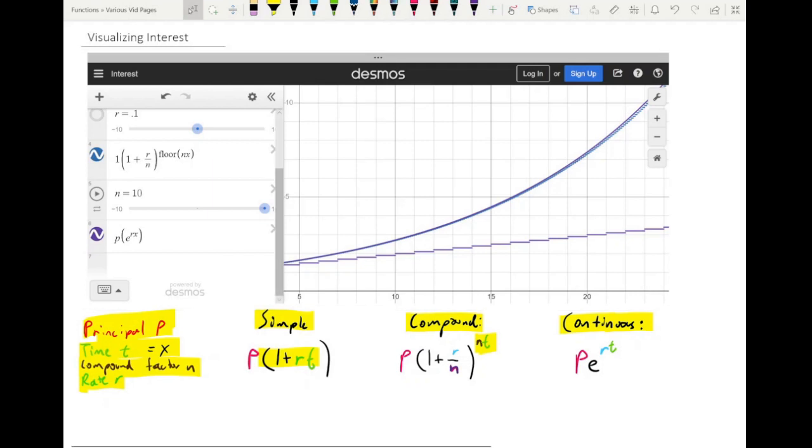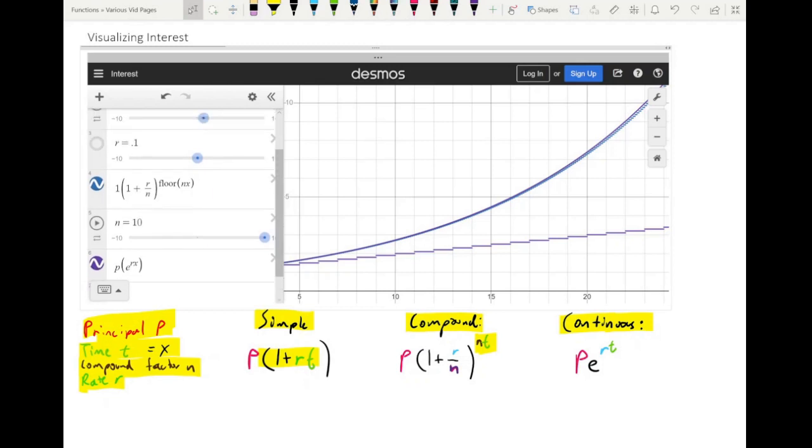Another point is that for the same principal, time, and rate, etc., continuous interest is always going to be slightly better than compound interest. It's not going to be a lot better. The difference isn't nearly as drastic as it is between simple and compound interest.